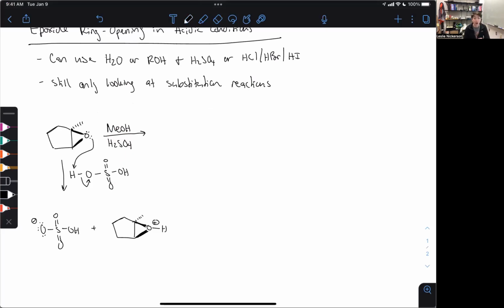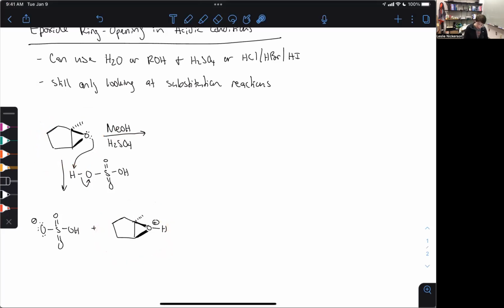Now that is positively charged. If I'm looking at these two structures and comparing them, the top starting material that's neutral is a weaker electrophile than this one is.